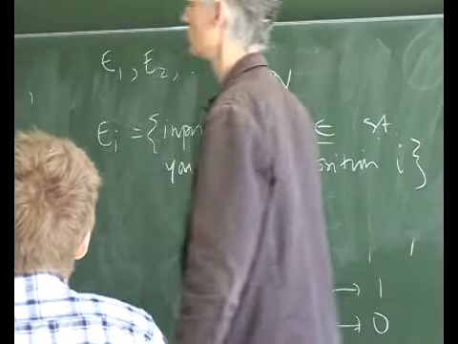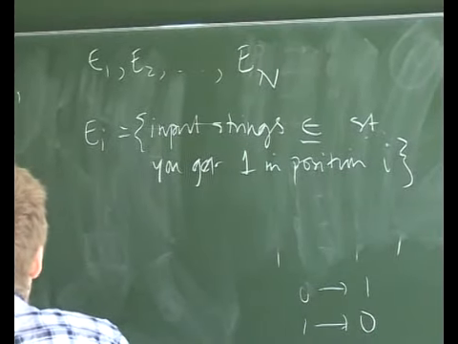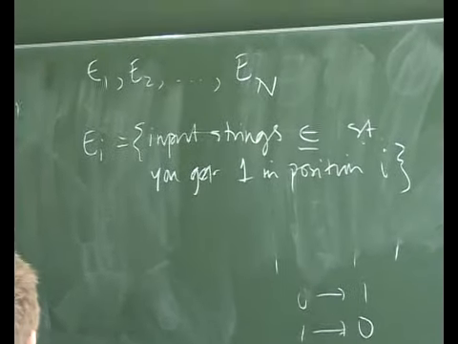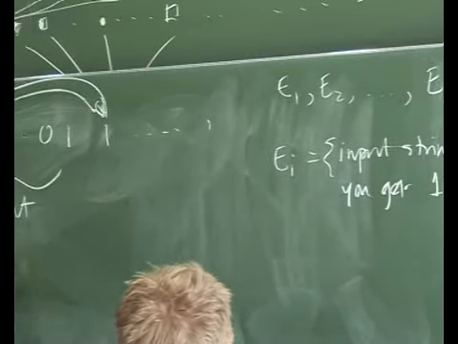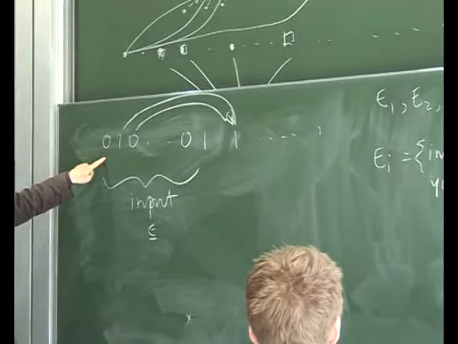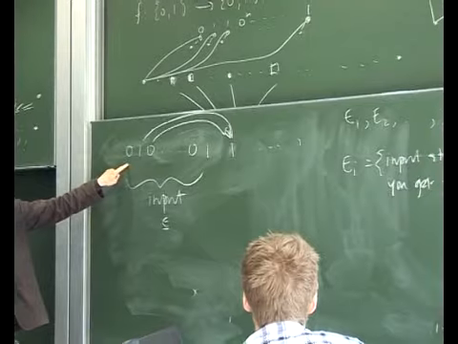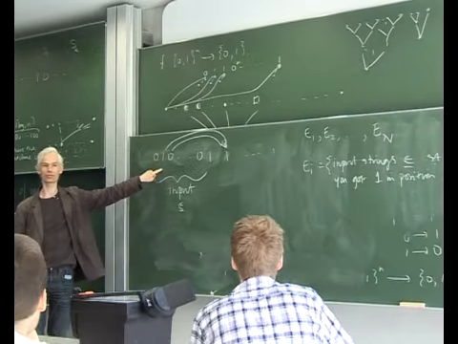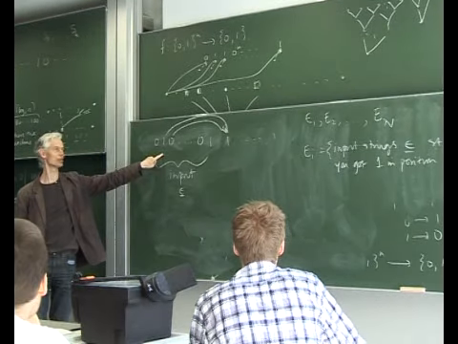So let's just quickly think about what some of these Eis are. So epsilon is the initial string of n digits. So what is E1? Well, E1 is just a set of strings that start with a 1. And E2 is a set of strings whose second coordinate is a 1.